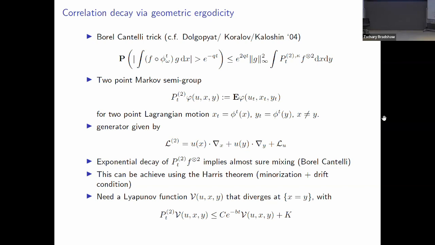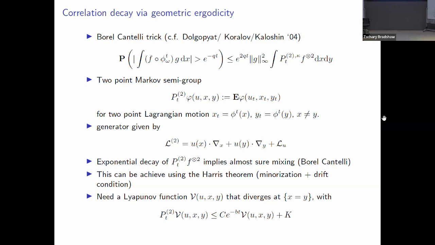This is an infinite dimensional operator, but it has 2 advection operators at x and y, and then it has some generator for the noise or for the velocity field. Our goal is to show that this P2, or the evolution associated to this operator, decays exponentially fast. And the second you get that it decays exponentially fast, you'll know that you mix almost surely.